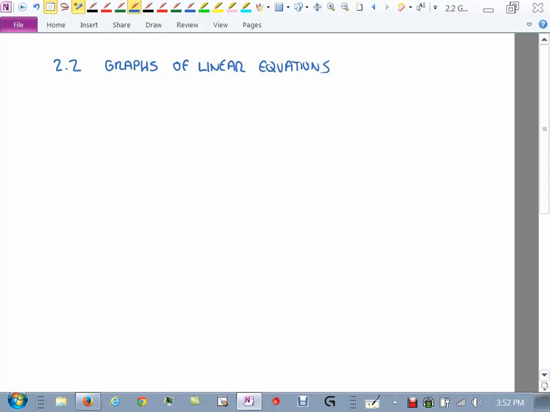Again, this should also be concept review because we cover linear equations in 302, which is one of our developmentals, and in 303. So by this time you should know how to graph a line. But let's just remind you how it's done.